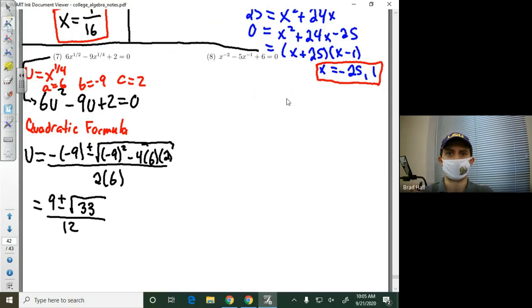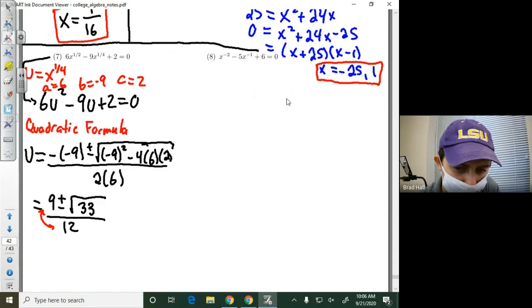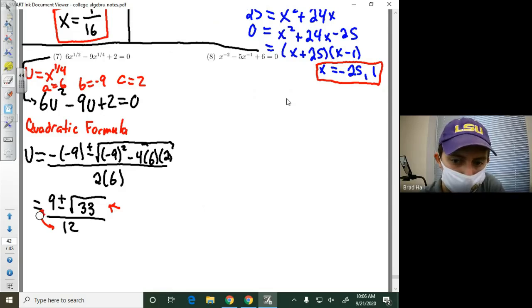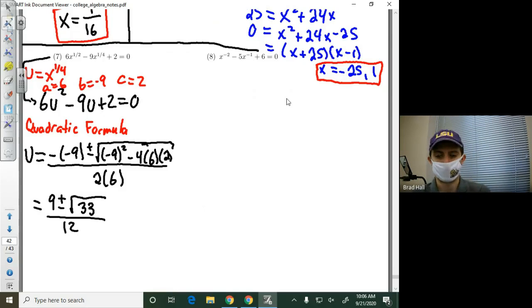Can you simplify the 9 and the 12? You can't, because the square root of 33 is in the way. That's a good question. But u's are not good enough, and this is the most simplified we can leave u right now.